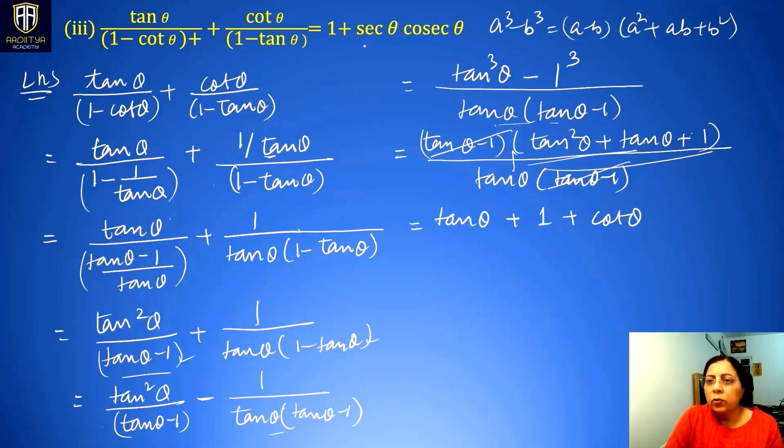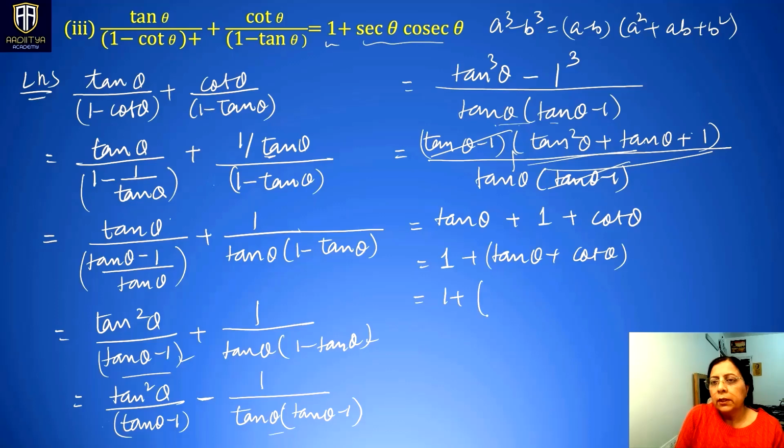But see, this is not what we had to find. We have to reach here. 1 plus secant theta cosecant theta. So 1 is something which is required, so I am not disturbing it. Now tan theta plus cot theta has to be simplified further. So what I am doing is, I am writing them in terms of sin theta and cos theta.